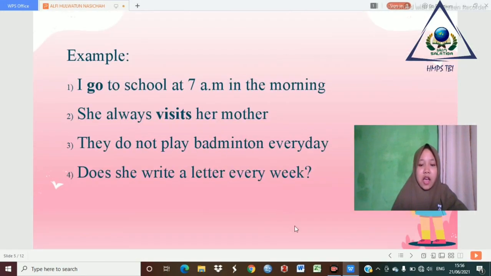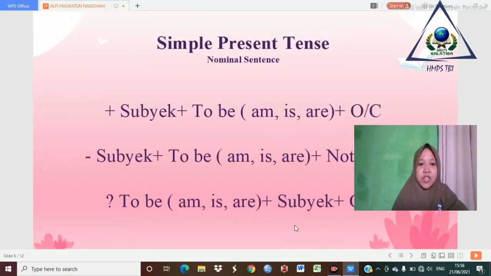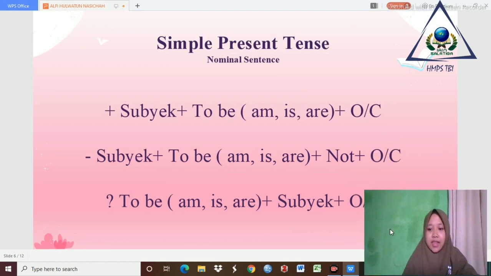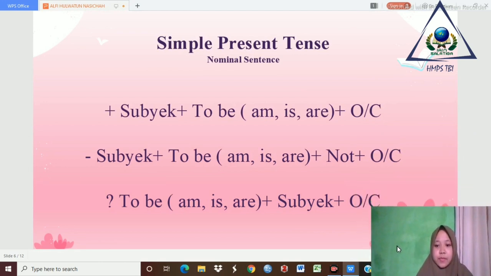Okay, after we learn about the examples, now we will learn about simple present tense for the nominal sentence. Okay, for the nominal sentence, the positive is subject plus to be, am, is, are plus object or complement. And then the negative is subject plus to be, am, is, are plus not plus object or complement.